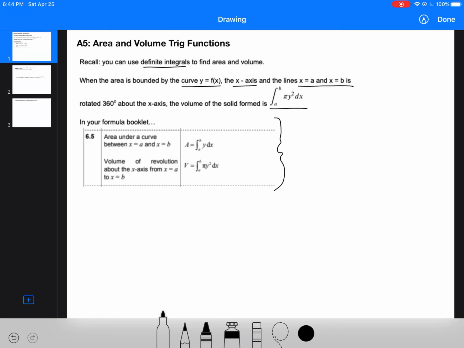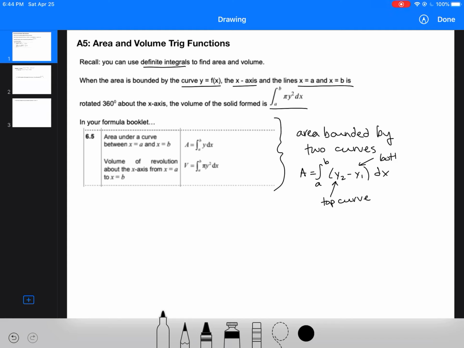This is in your formula booklet if you are using it on the exam, so you don't need to memorize that formula. In the event that you have the area bounded by two curves, you would just have to remember to do the area from a to b of y2 minus y1 dx, where y2 would be the top curve and y1 the bottom curve.